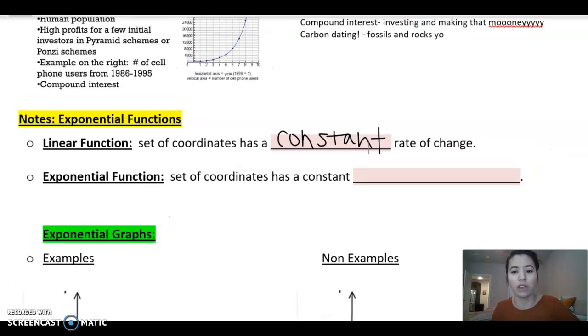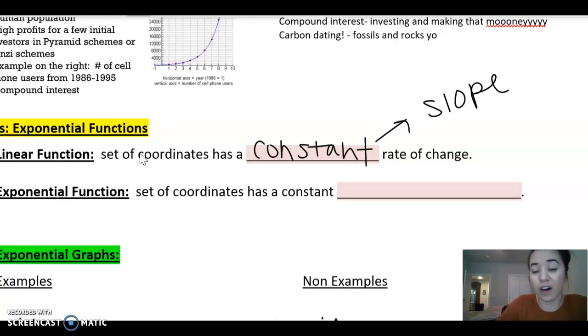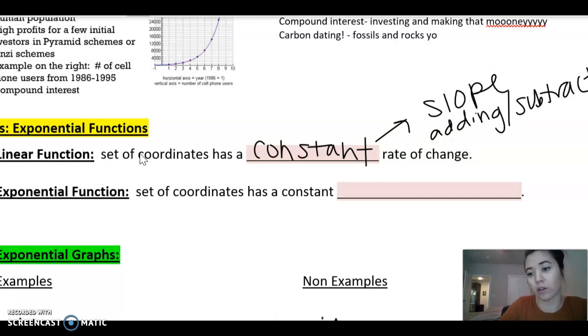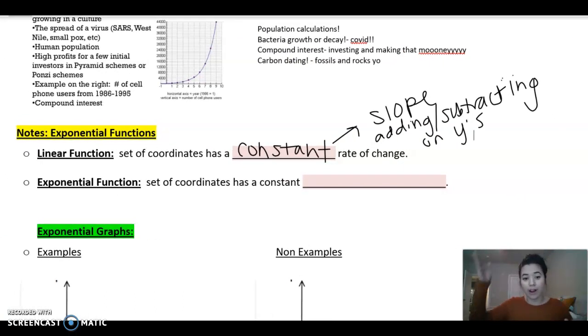Now, what that means, if you don't remember, is a constant slope, or we're constantly adding or subtracting the same number. So if we're looking at a table and our y values are adding or subtracting the same number over and over again, that tells us it's linear.